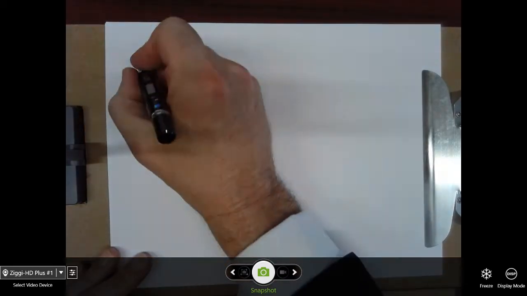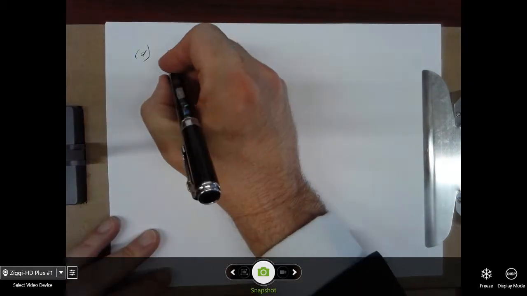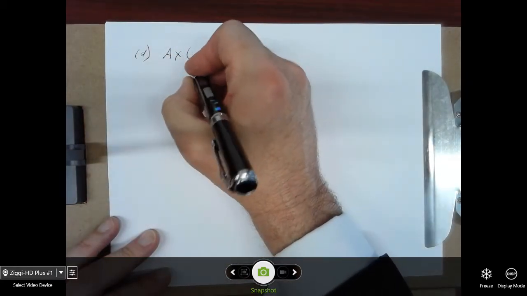And then part D can get a little cumbersome depending on how you pick your sets. So part D, you're trying to show that these two things are equivalent.